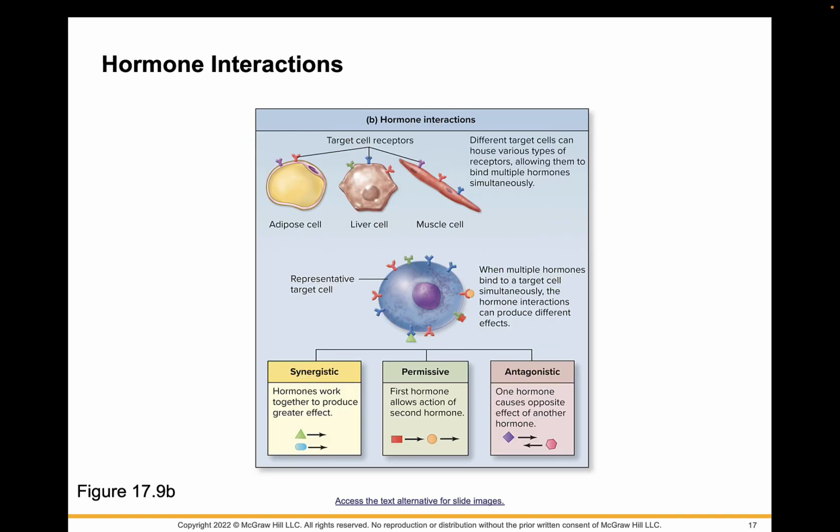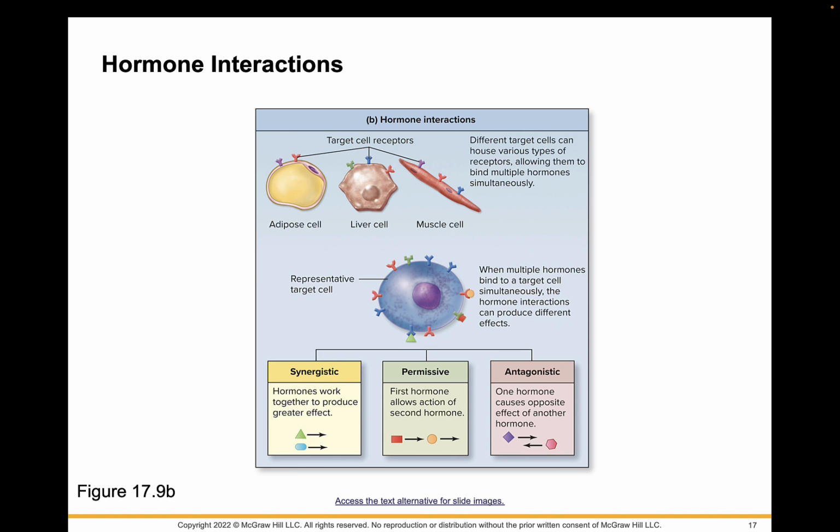Now, one of the things we want to address is how hormones interact with each other. And we're going to use three terms here. We are actually going to use synergistic, permissive, and antagonistic. So when we look at synergistic, we're actually talking about hormones that are working together to actually produce a greater effect. Permissive, this is when the first hormone allows the action of a second hormone.